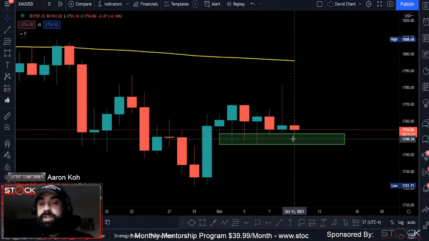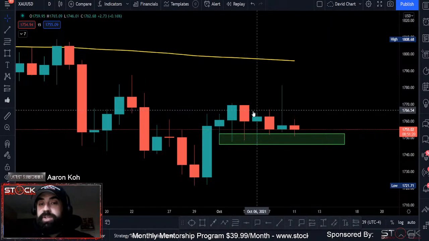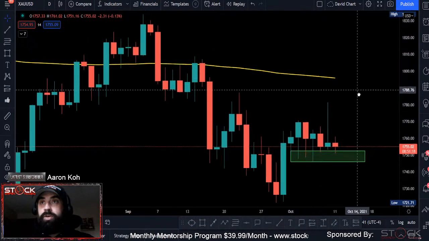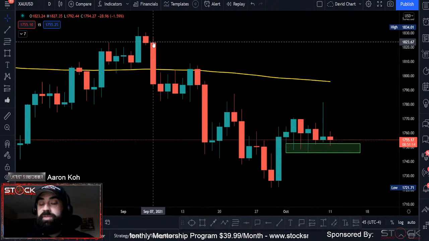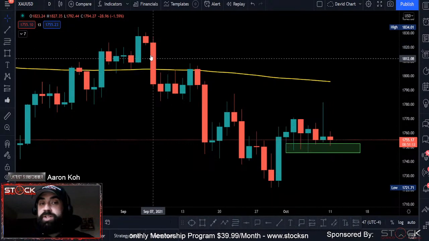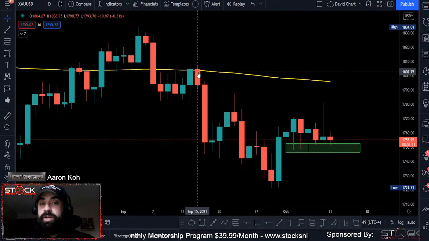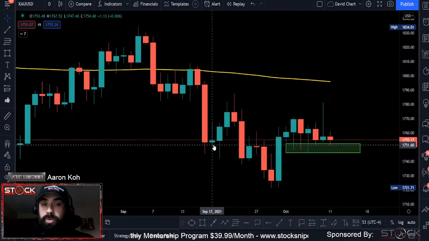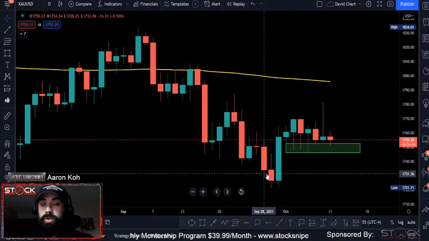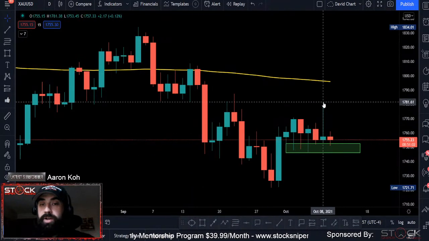Like I said, it is bouncing to the upside, but now you can start to see the overall continued selling pressure since September 7th: constantly lower high, lower low, lower high, lower low. It tried to make a lower high here, see what I mean? The big wick.